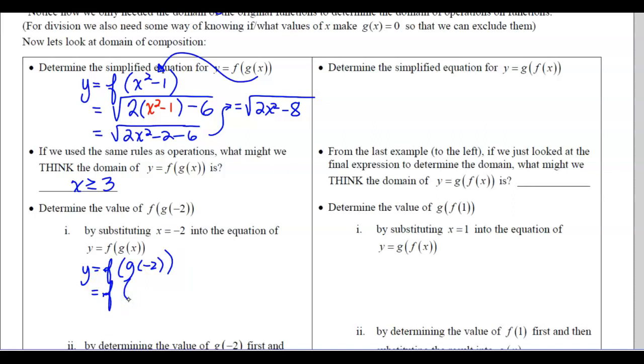When we put -2 in for g, we get 4 minus 1, which is 3. Then we put 3 in for f. We do get a value. So it does work.